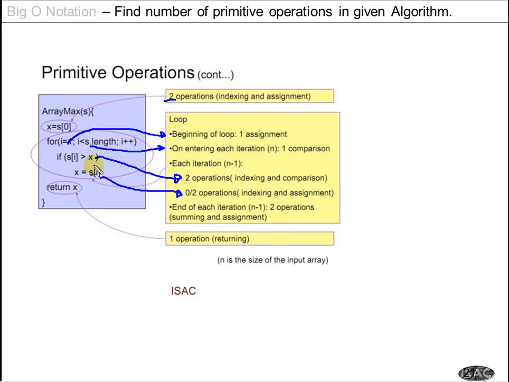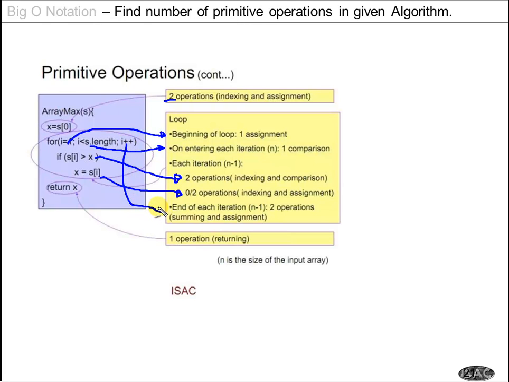Now after this one is done, what happens? The loop body goes back, and there is another one which comes here, i++. This i++ is at the end of each iteration, that is n minus 1 times, and there are two operations, summing and assignment.